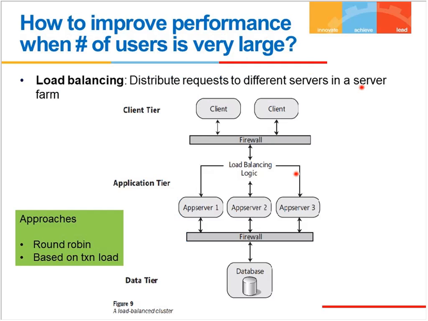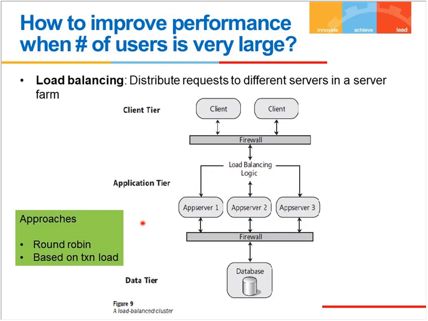So we did talk about load balancing as one of the mechanisms to address performance. You can have multiple servers, and as the requests come from different clients, the load balancing component will determine to which server the request should be sent.